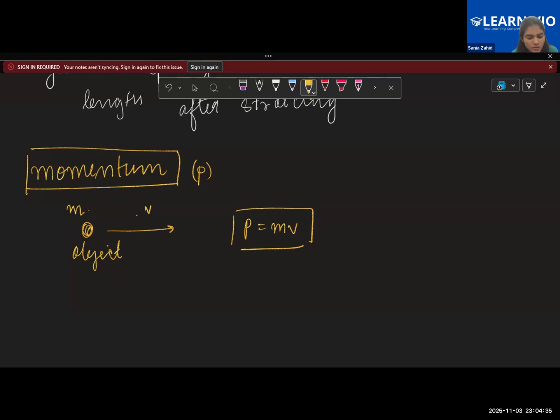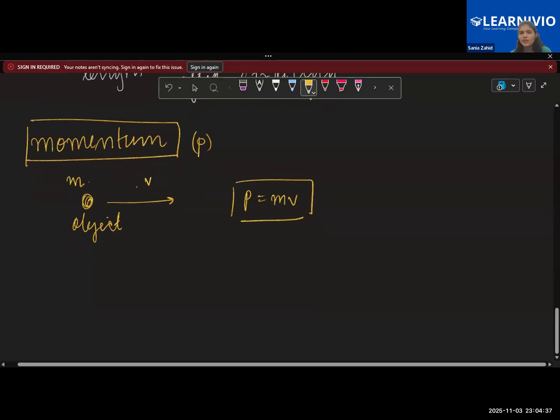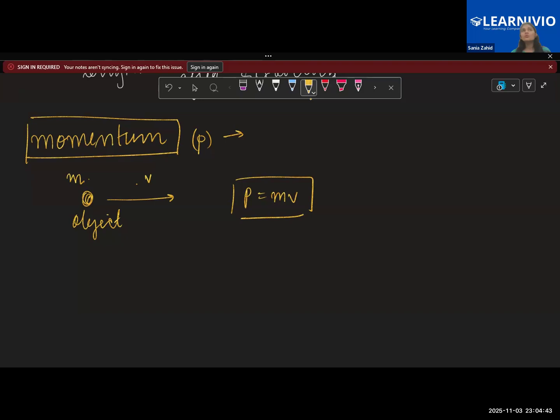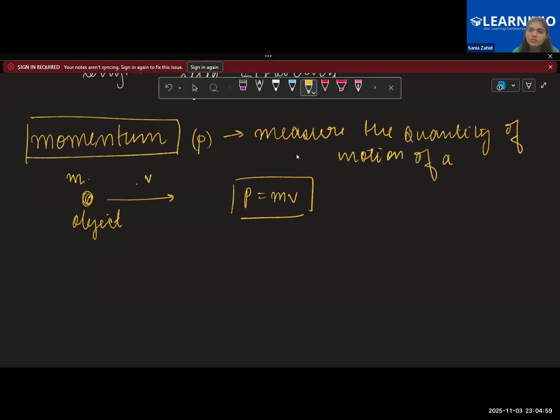Yeah. So momentum is basically helping us to measure the quantity of motion of a moving object.